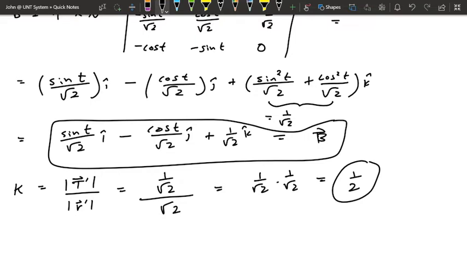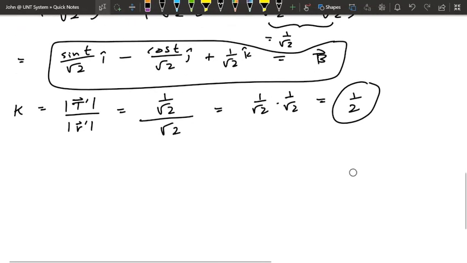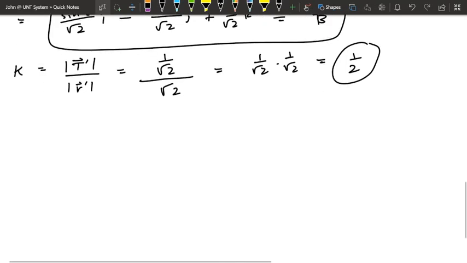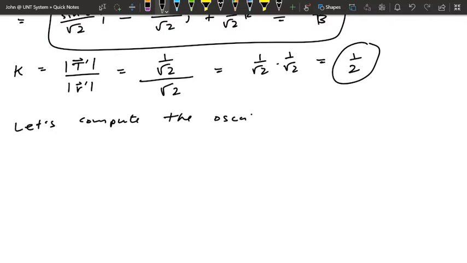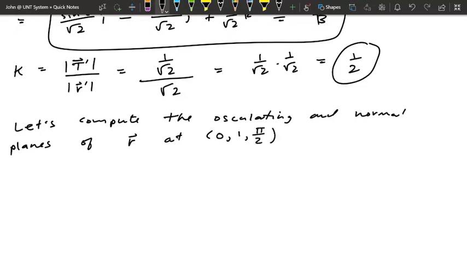Now let's calculate the osculating and normal planes of the helix at a particular point, (0, 1, pi over 2). So this point is supposed to be a point on the curve which is being traced out by the helix function.